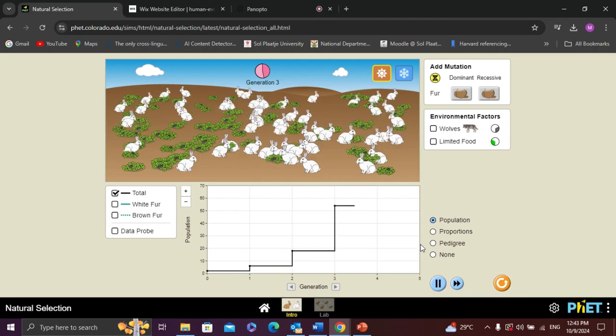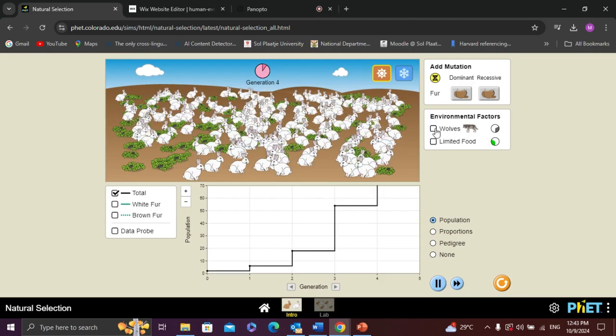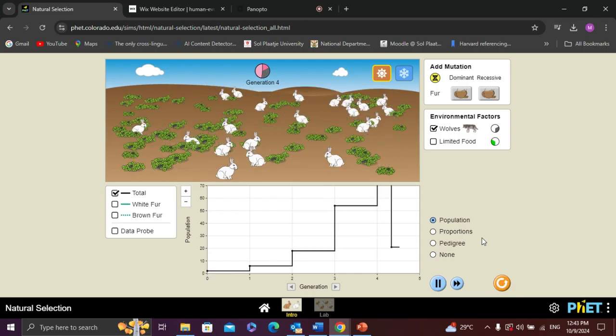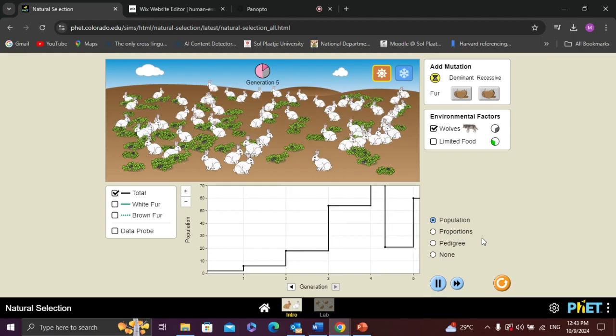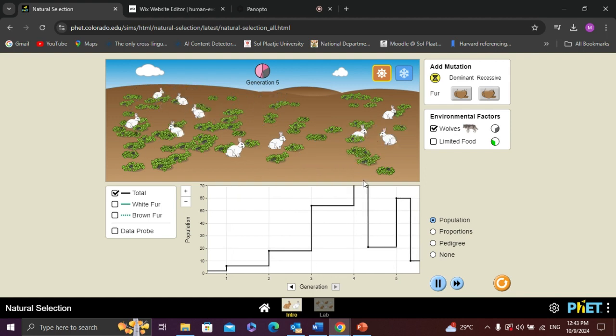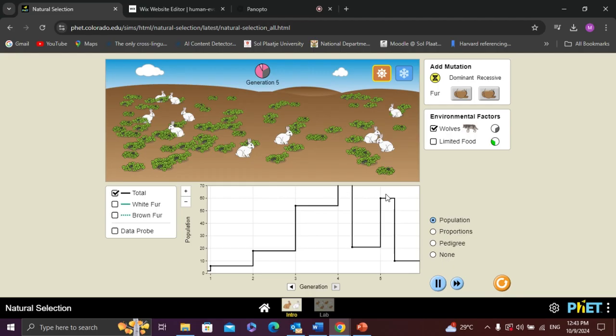Now we want to introduce environmental pressures. We are going to introduce the predators. There they are. They have decreased the population, and as you can see on the graph, the population of rabbits goes up and then down, and then it goes up again and then down.